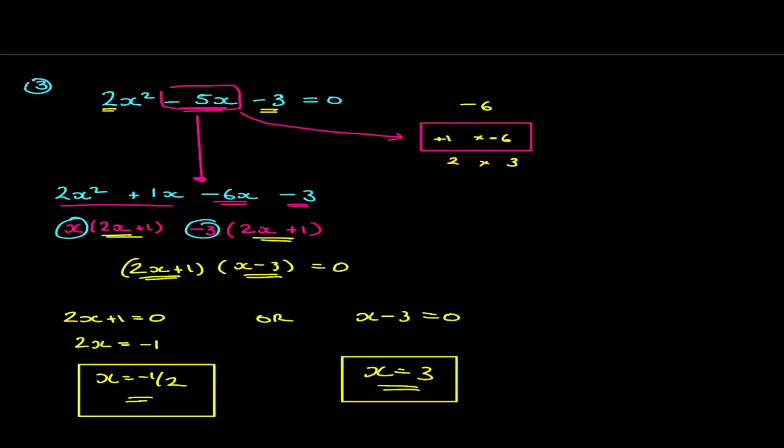Okay, question 4. So we have 5 brackets x take 1 minus 3 brackets x plus 2, and that equals 4. Okay, let's try solve this. So what we need to do is expand the brackets.